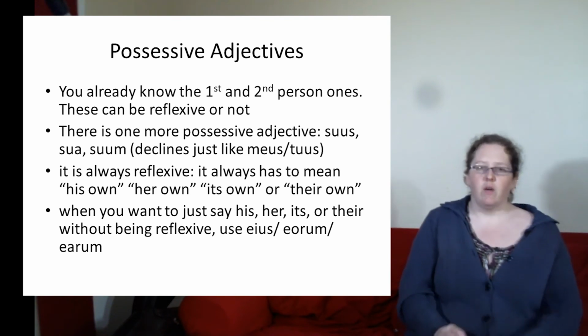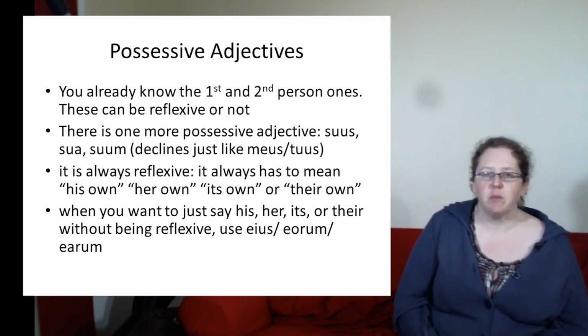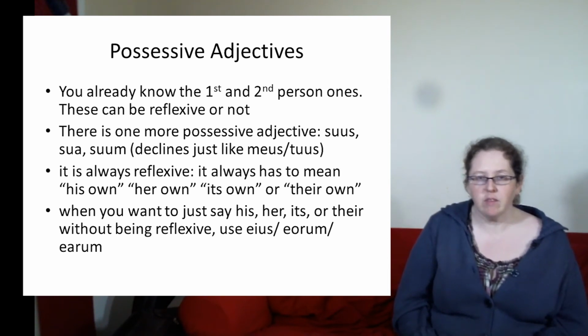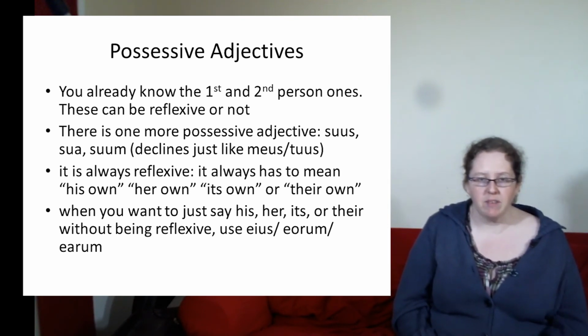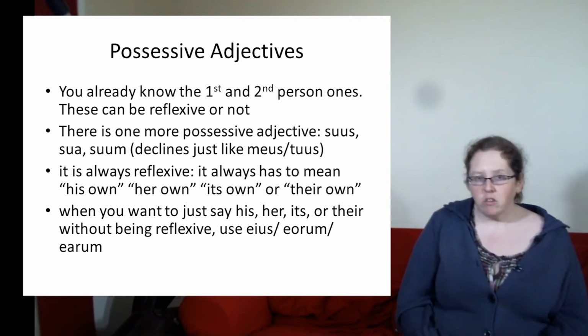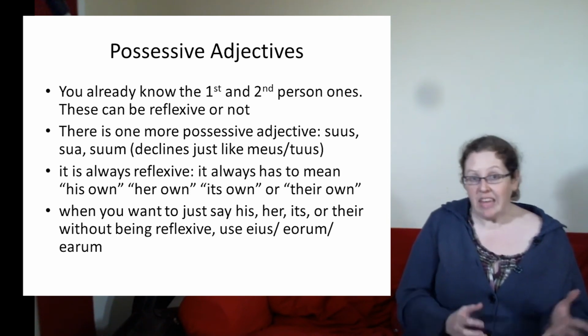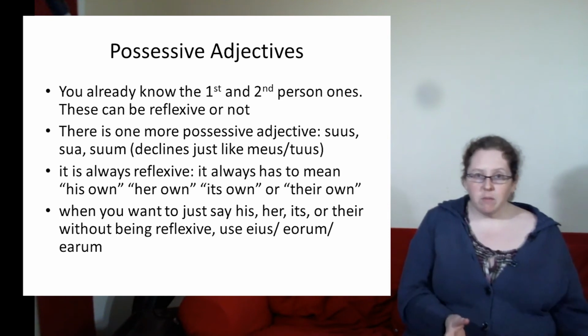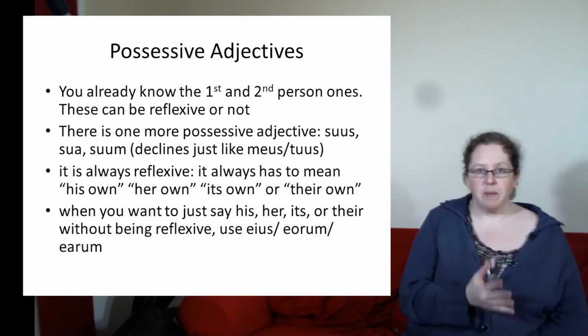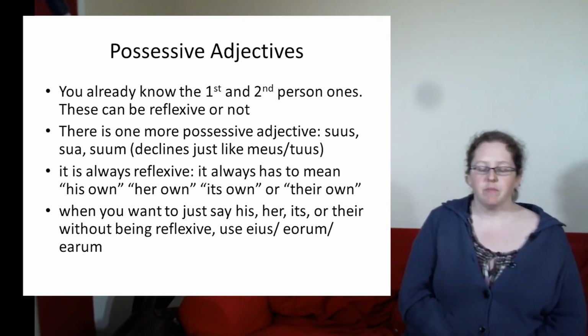A reflexive has to be referring back to the subject of the sentence. So if I say I love myself in Latin, I'm going to say amo me, I love myself. Me can also just mean me. So if you want to say he loves me, amat me. It only becomes reflexive when it is referring back to the subject of the sentence.